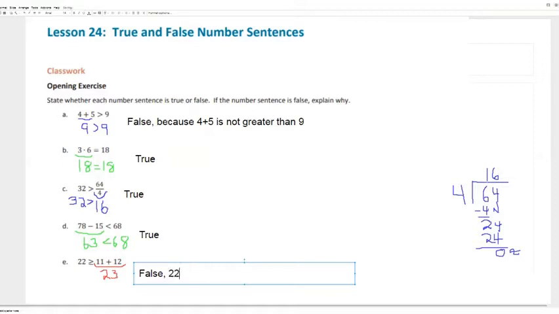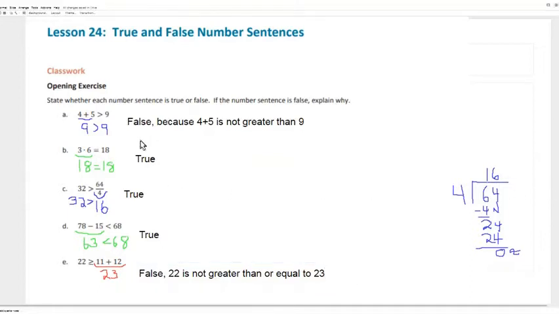This is false because 22 is not greater than or equal to 23, because remember the line underneath the symbol means greater than or equal to, which is the answer to 11 plus 12.